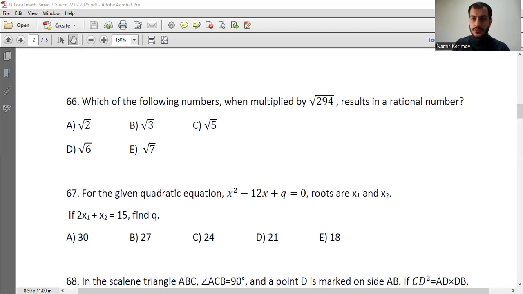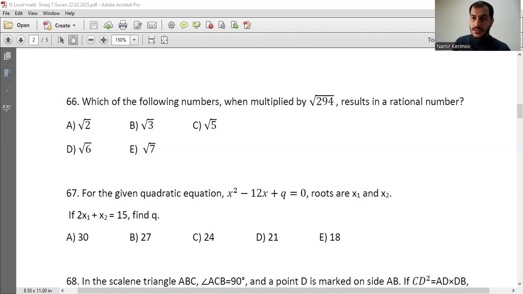So 294 is divisible by 2. That will be 147. It's divisible by 3, since the sum of the digits is divisible by 3. That will be 49, and we know that 49 is 7 squared. So 294 is 2, 3, 7, and 7.